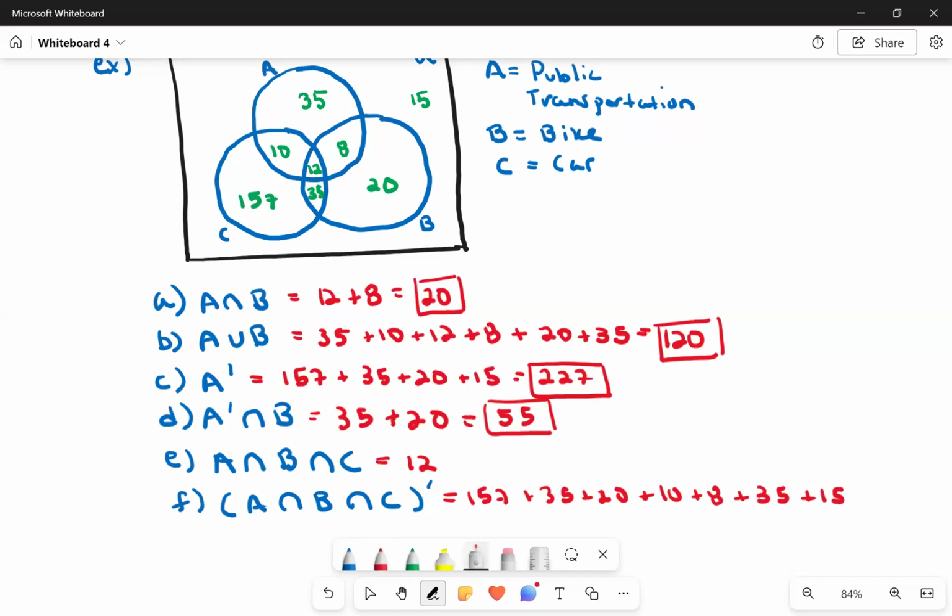I'm just going to circle them. Basically everything but 12. All right, let's add those all up on the calculator. I'm literally going to do this because I didn't prepare ahead of time. 8, 35, 15. All right, I'm getting 280.